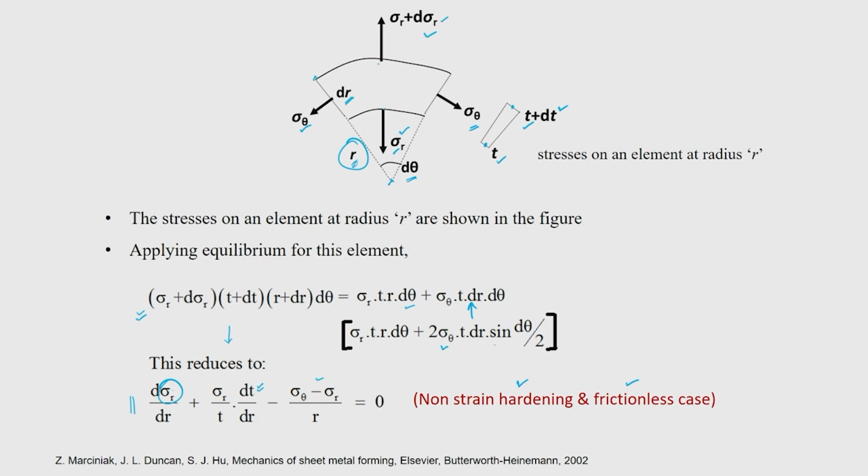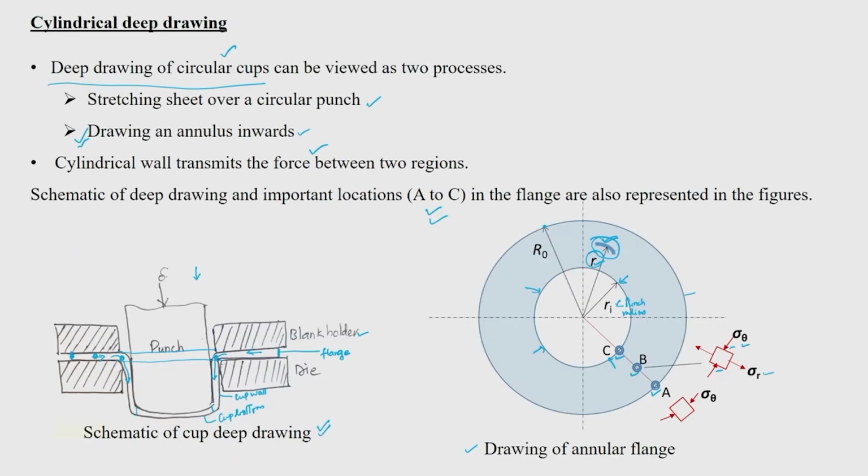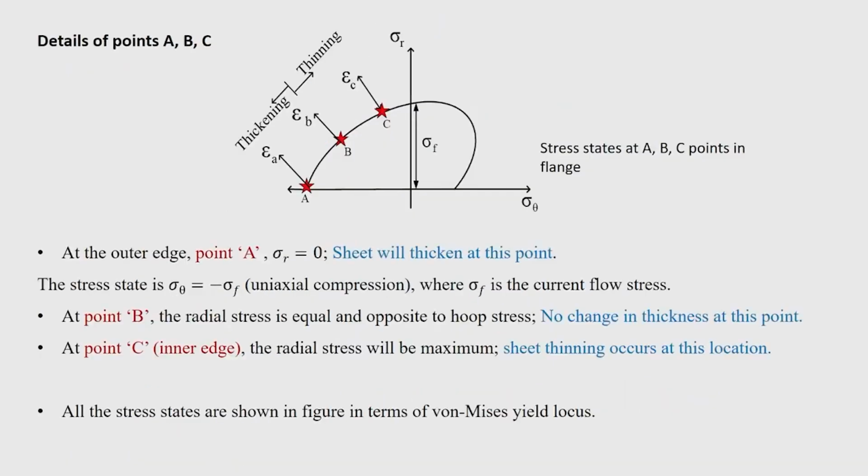Before we come to this equation, let us get into some details of this ABC. This ABC, which we have shown here, A is at the edge, B is at the mid, and C is at the die corner, covering the entire blank flange region, and these 3 points are shown in the yield locus in this way.